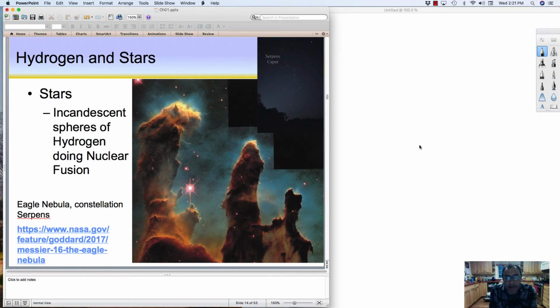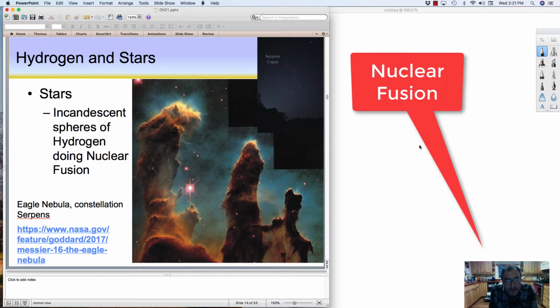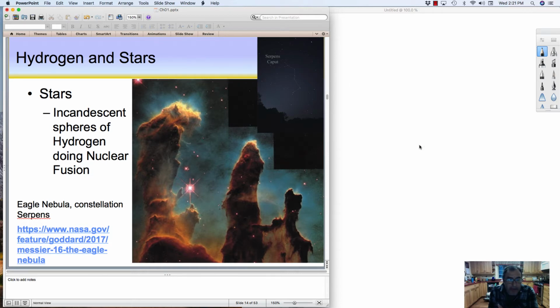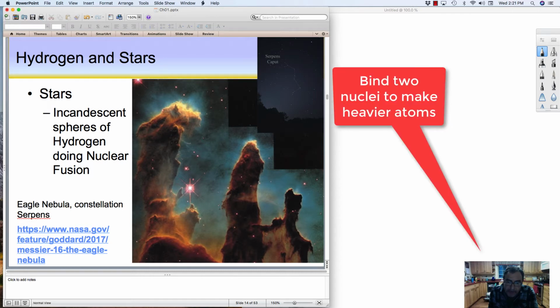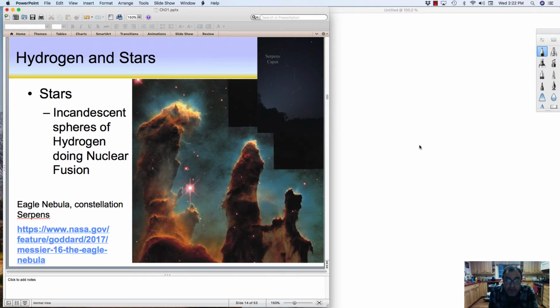So now we have hydrogen, a little bit of helium, some lithium, but now we need to make heavier elements like carbon, nitrogen, oxygen, silicon. So where does this occur? So there's a process that's called nuclear fusion, and this occurs inside of stars, and stars are about the only thing massive enough to bind lighter elements, two nuclei from two different atoms, to bind them together to make heavier atoms.